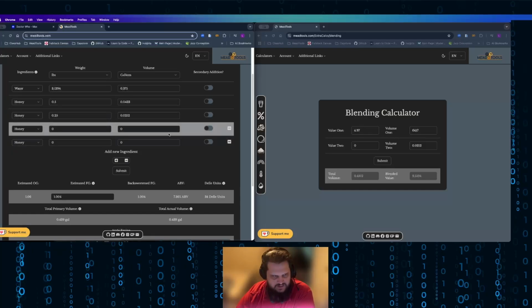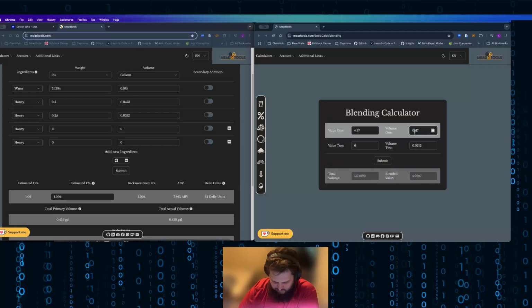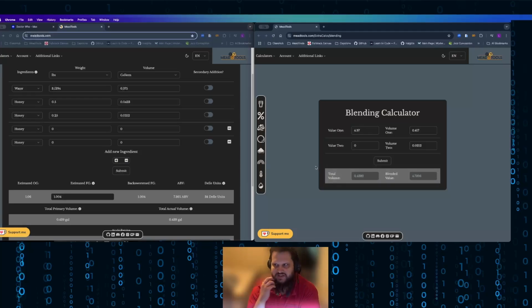So I've got that 0.0212 number here, and I put it into the blending calculator. Now you can see my total volume is 0.4382, and if you look over here, it's 0.439. So there may be a tiny bit of a rounding error there, but not really. And you see that it went from 4.97 to 4.7, so like 0.2% down, which doesn't make a whole lot of difference right now, but it does in the overall calculation.